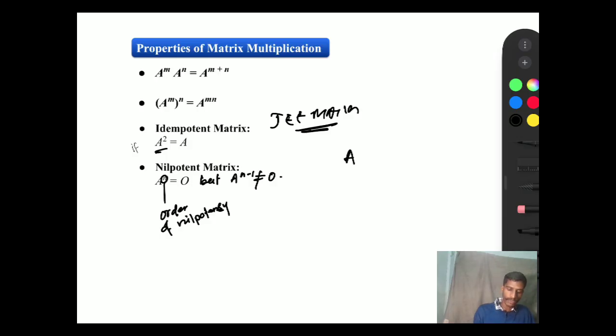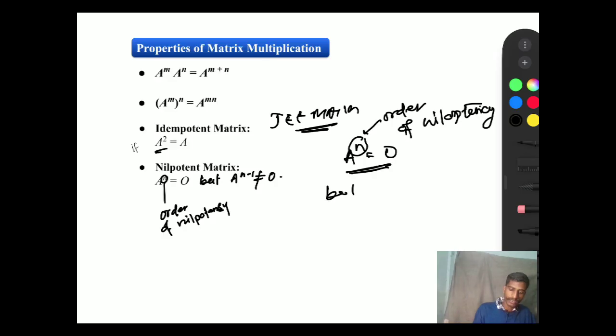And if A raised to the power n is equal to 0, then we can say that it is a nilpotent matrix, and here n is called the order of nilpotency. But one condition you have to keep in mind is that A raised to the power n minus 1 should not be equal to 0.